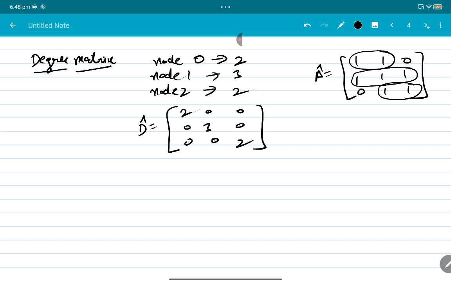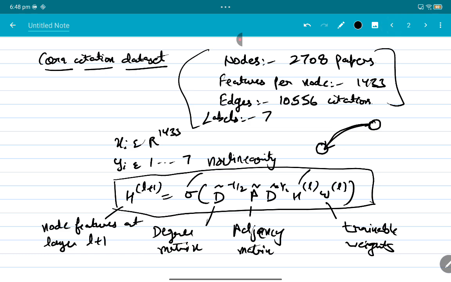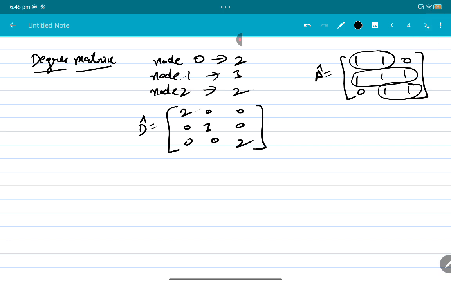So now we have constructed two quantities, A hat and D hat. Since in that formula we had D hat to the power minus half, I'm using hat here as different notation. Our D hat minus half can be computed from the D matrix like this. We just have to take the inverse and take the square root.